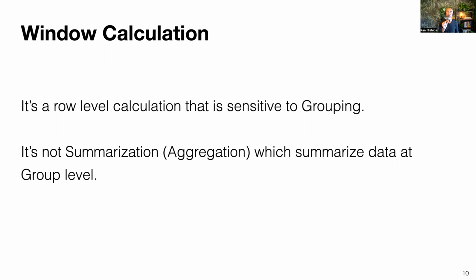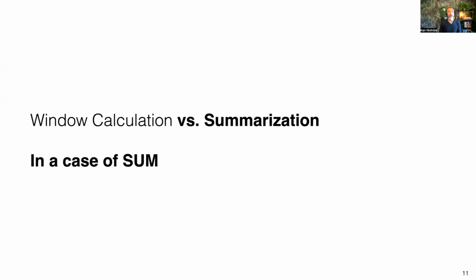That is not a row level calculation. That's more like a group level calculation. So there's that difference. That's why this is a row level calculation that is sensitive to grouping. A typical calculation in Exploratory is called create calculation, and then there's summarization or aggregation. There's something in between. That's window calculation.